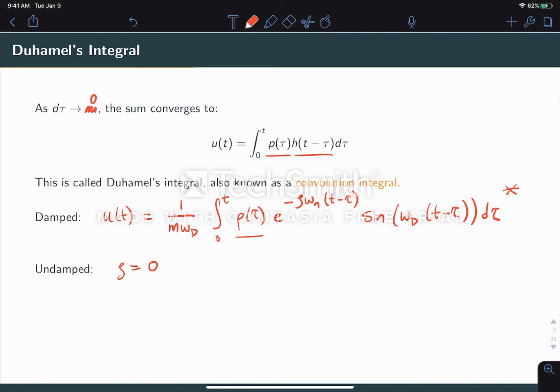The caveat, of course, is that evaluating that integral is not always so easy, so it's not necessarily the most practical form. But fundamentally speaking, the impulse response function gives us all the information we need about the dynamic response, because essentially we can simulate the response to any type of loading function using this integral, which at the basis has this h, this impulse response function.